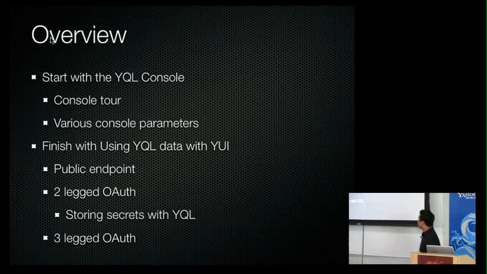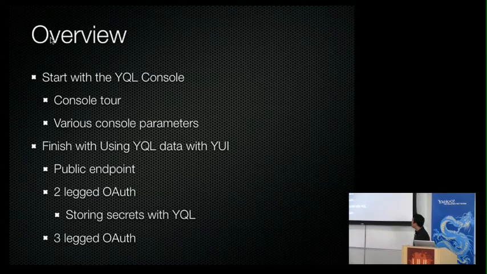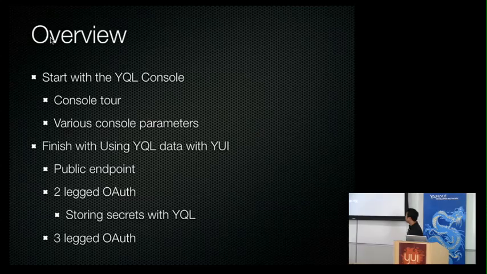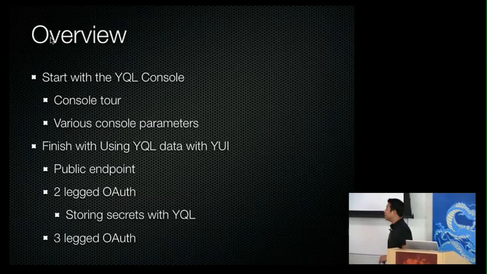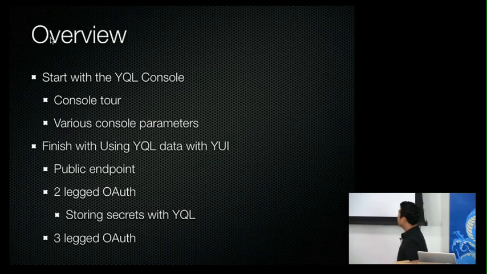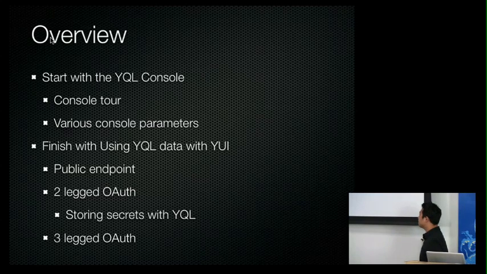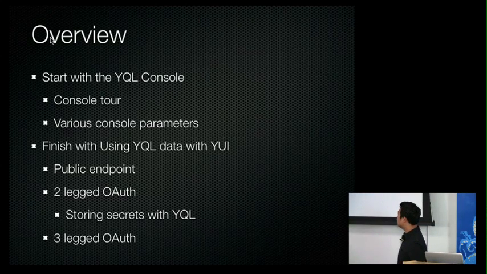And I'm going to first talk about, starting with the YQL console, give you a quick history on it, a quick console tour, some of the various console parameters that you could add that will help you with your YQL development, and then finish with using YQL data with YUI and how to access the public endpoint, the authenticated endpoint using two-legged OAuth, and how to use YQL storage to keep your two-legged OAuth secrets secure, and how to use three-legged OAuth to access data from YQL.